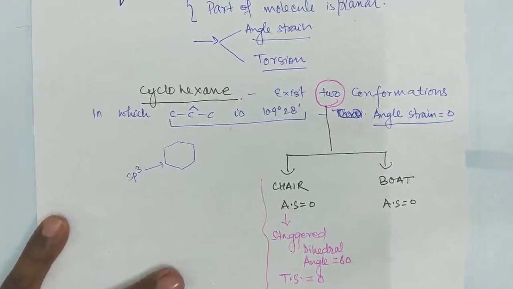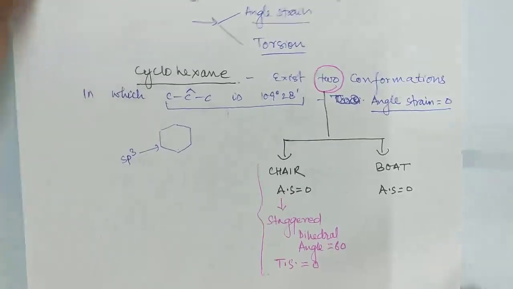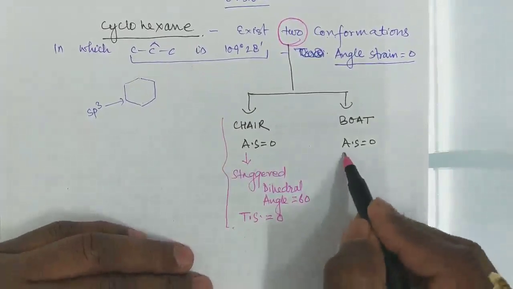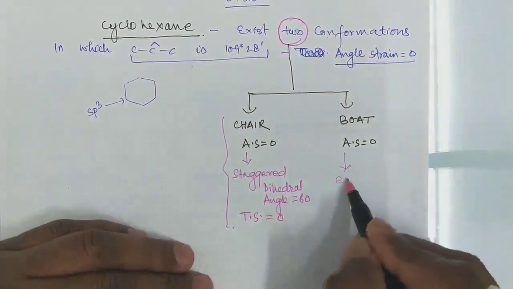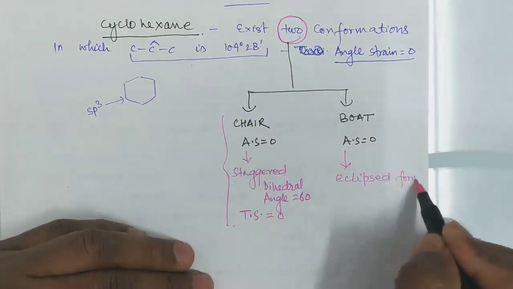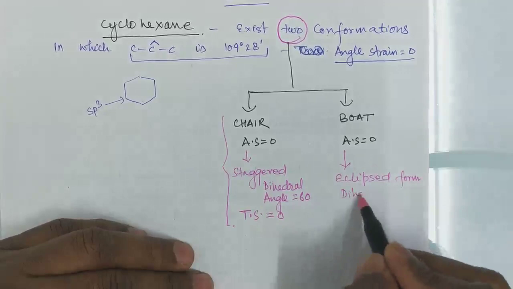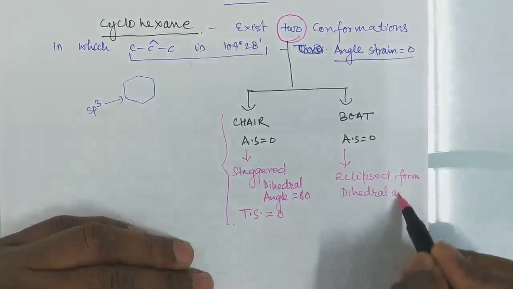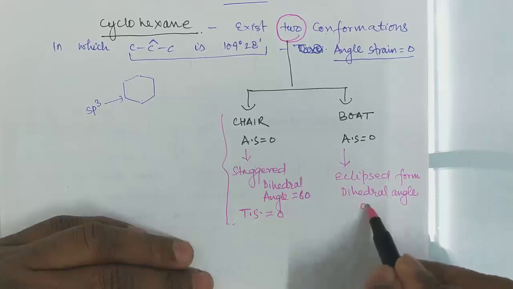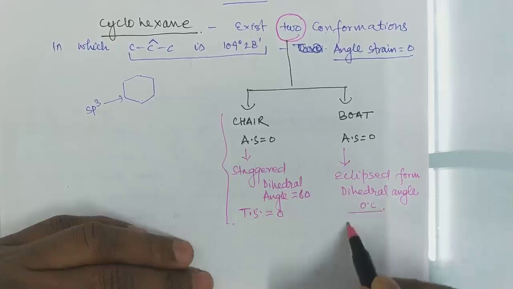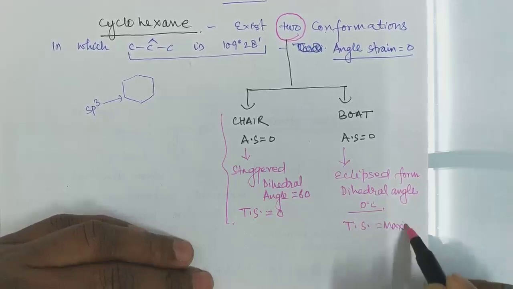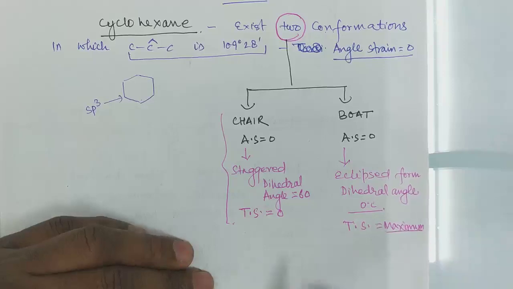But what about in boat form? Boat form represents the eclipsed form with dihedral angle 0 degree, means the torsion strain is maximum, right?